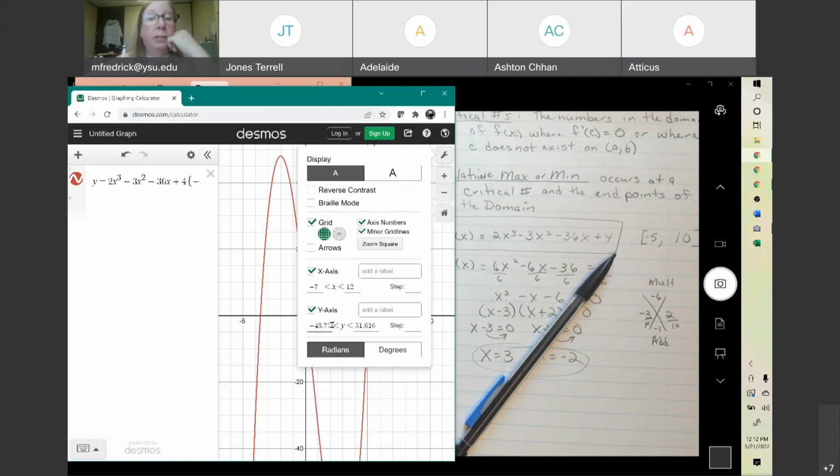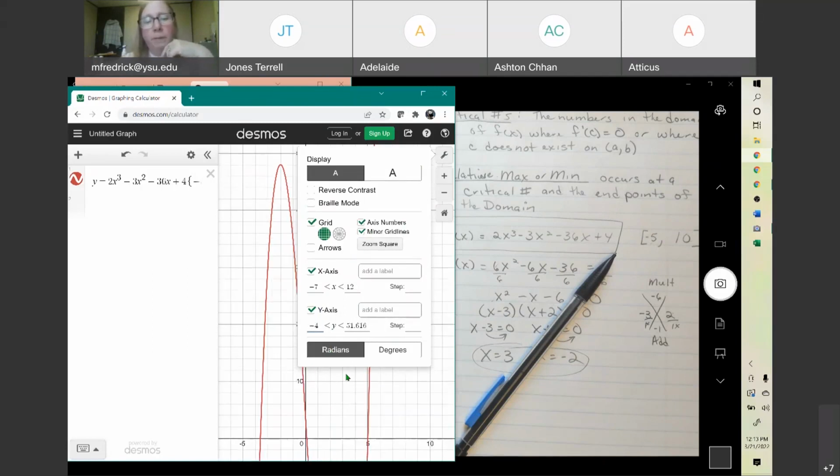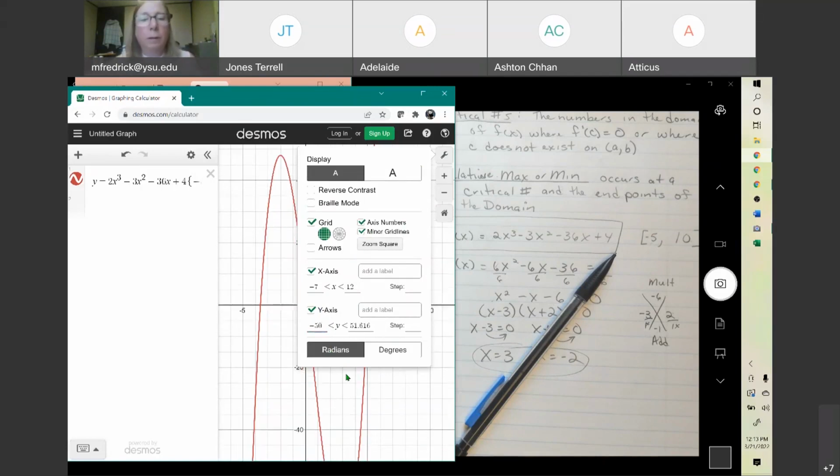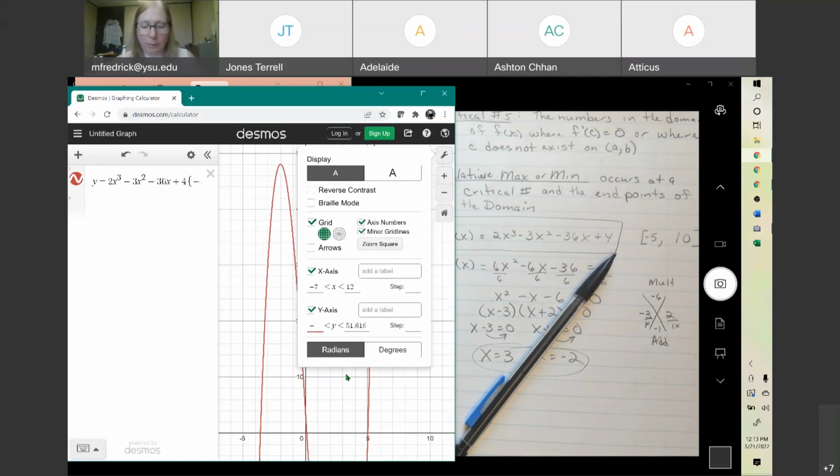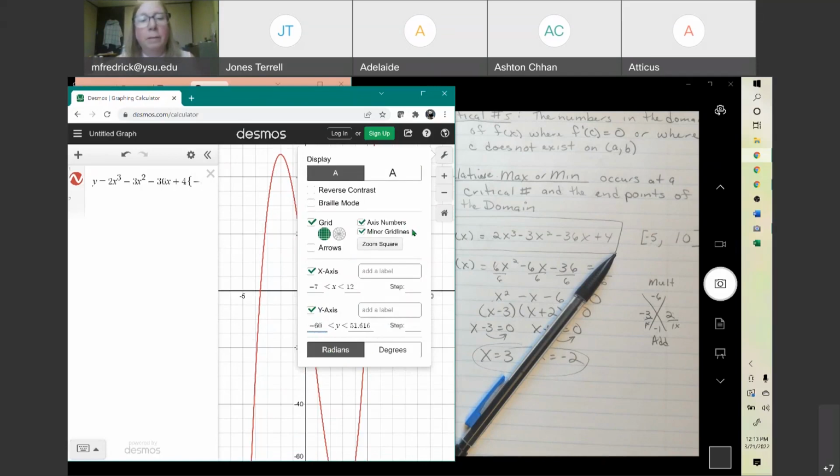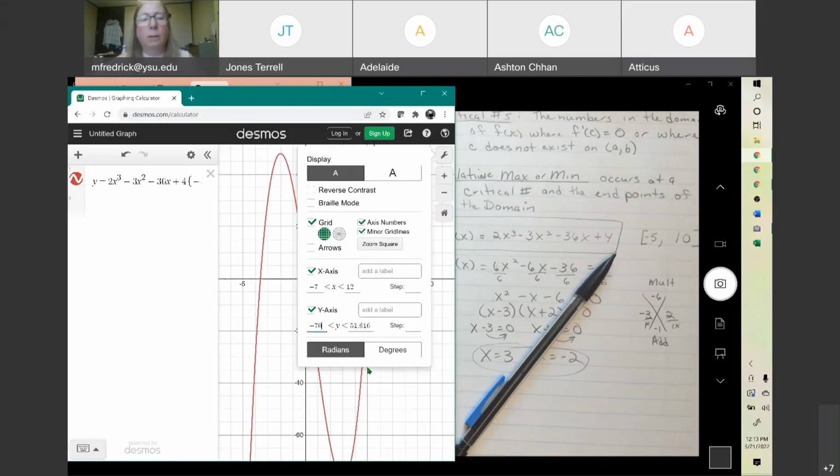Now, I also noticed that this low value is not showing. So I could change the -y to, let's see, 43, maybe 50 will do it. No, a little more. 60. But it's close.